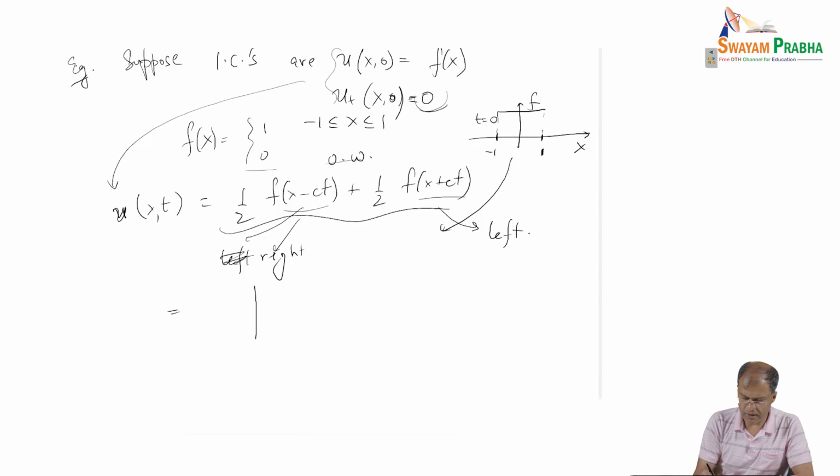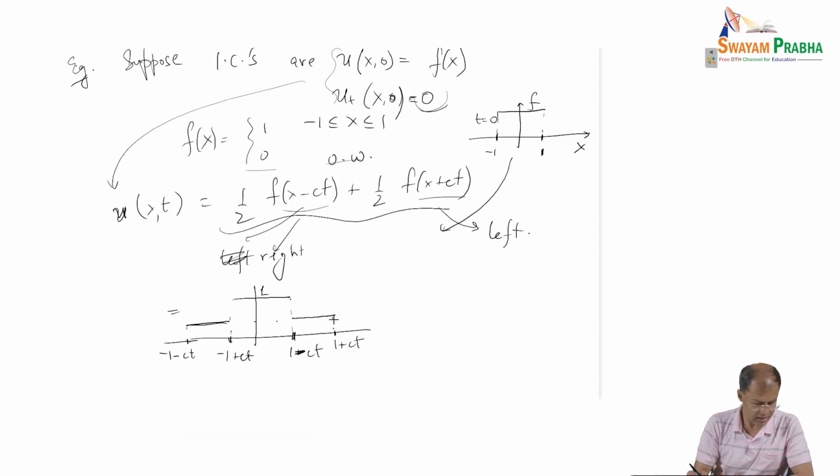If we were to plot the solution, from minus 1 plus ct to 1 minus ct the solution is 1, and from 1 minus ct to 1 plus ct the solution is minus 1 minus ct, right?